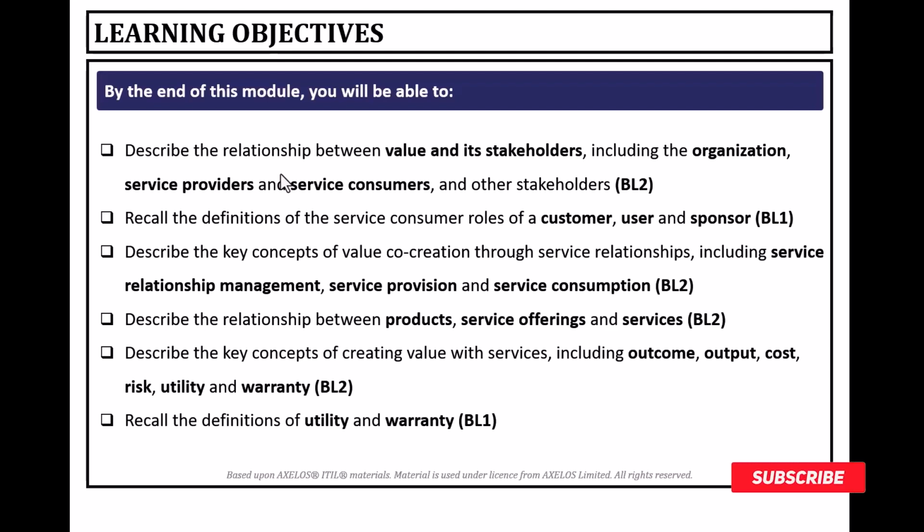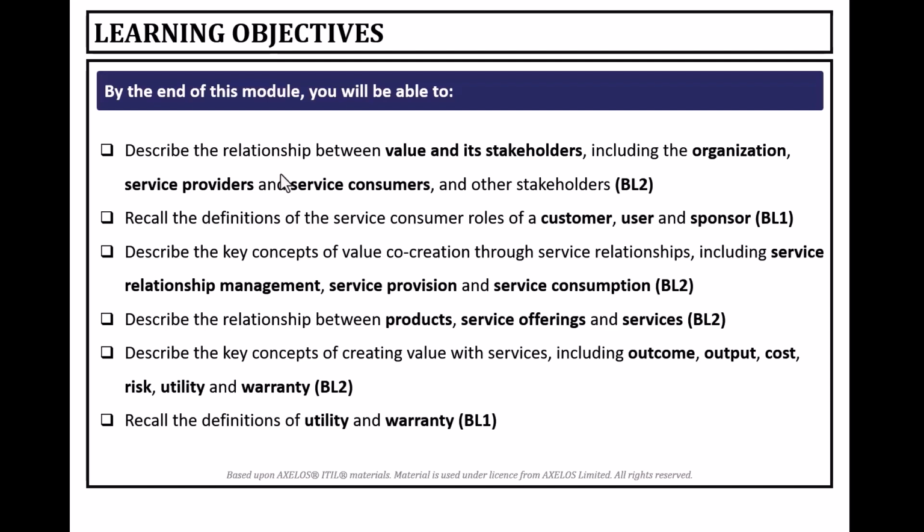We will define the concept of value co-creation through service relationship, and this includes service relationship management, service provision, and service consumption. We will describe the relationship between product, service offering, and services. We'll also take a close look at the key concept of creating value with services.